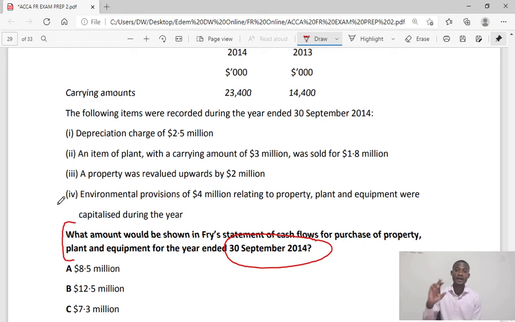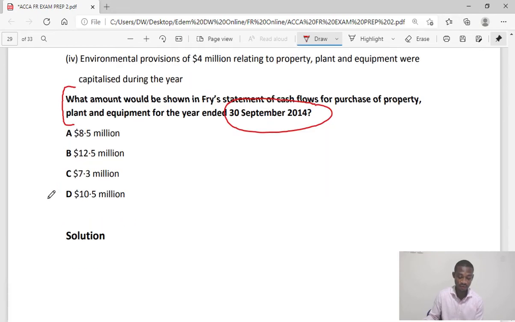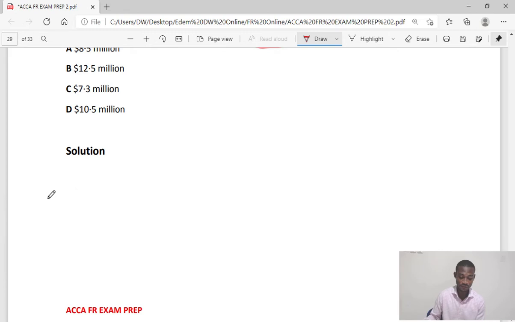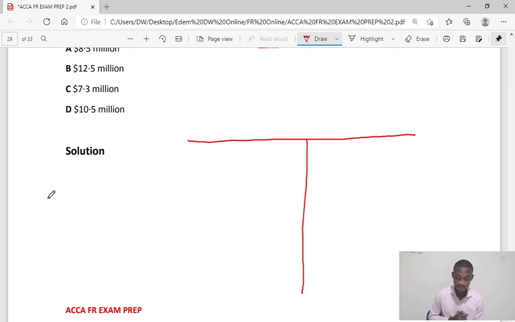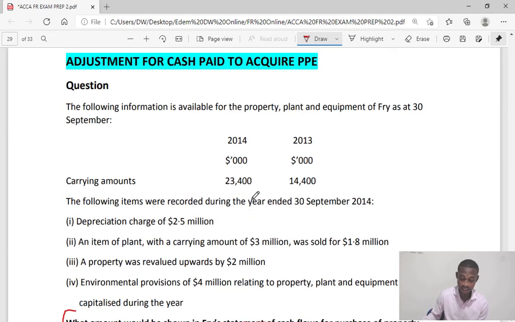Now the exam technique to apply here is to just draw up a simple T account. So let's have the T account to do with the cash paid. I would more like a working to start with. Now I go to the face of the extract and pick the carrying amount.